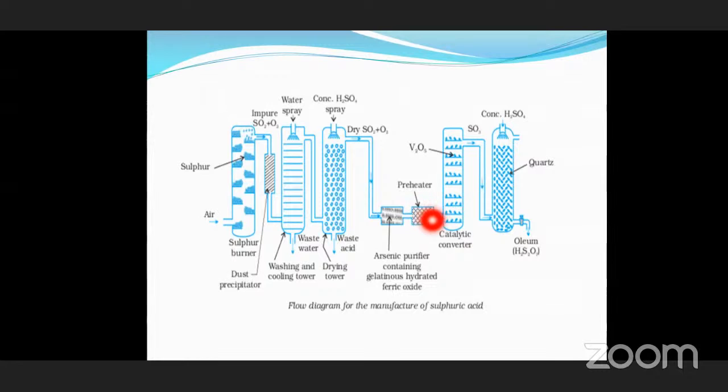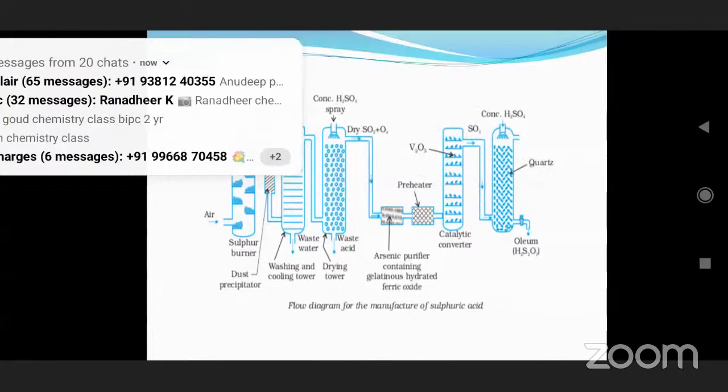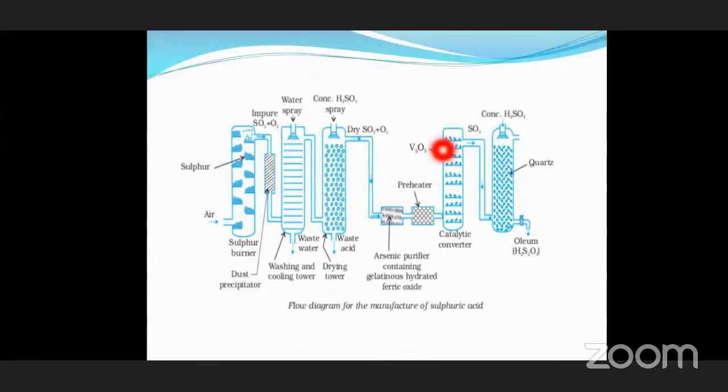All those molecules are passed through this chamber, which contains V2O5. Here V2O5 is the catalyst, or you can also use a platinum catalyst. But in most cases V2O5 acts as a good catalyst to complete the preparation of the sulfuric acid, when the sulfur dioxide as well as oxygen molecules are passed through the catalyst chamber.